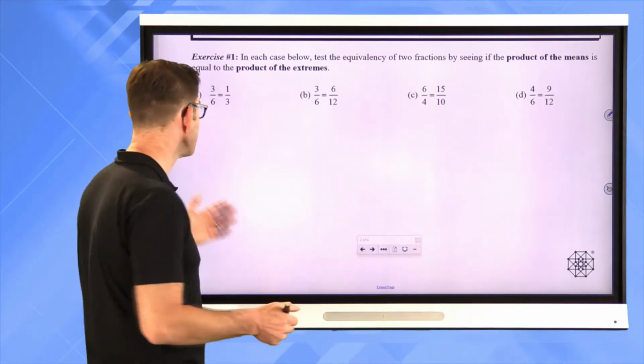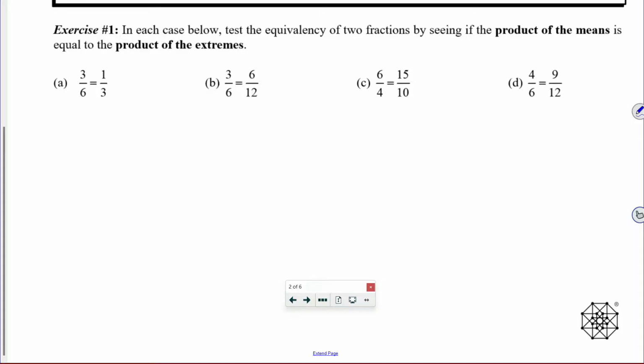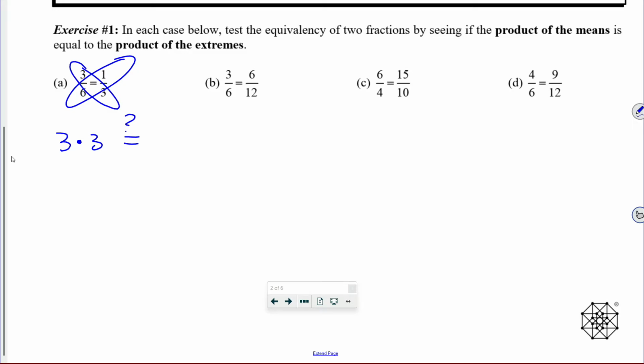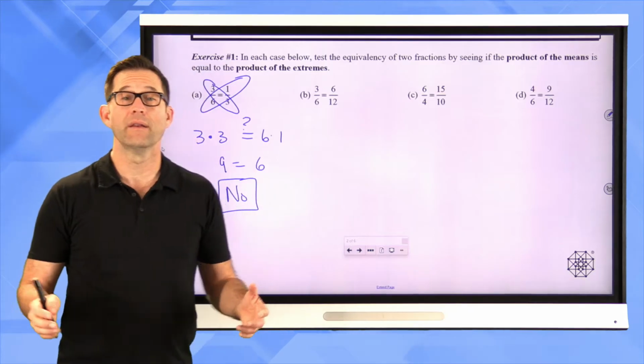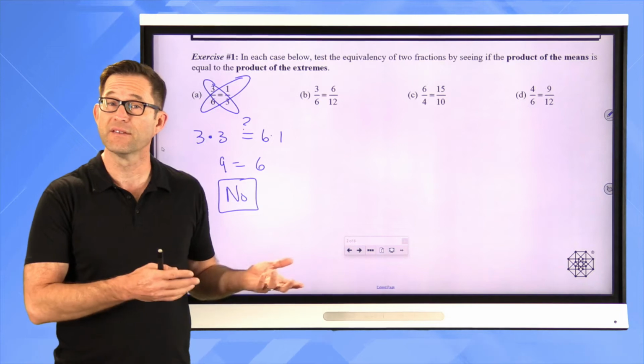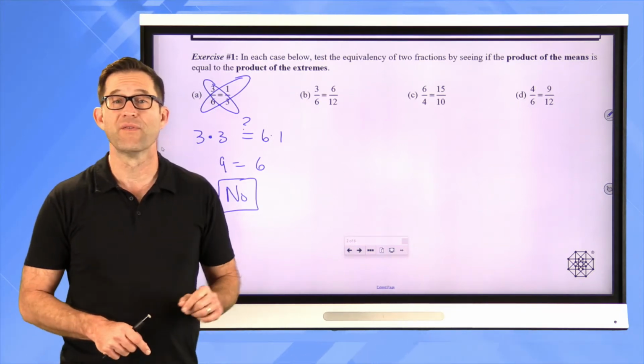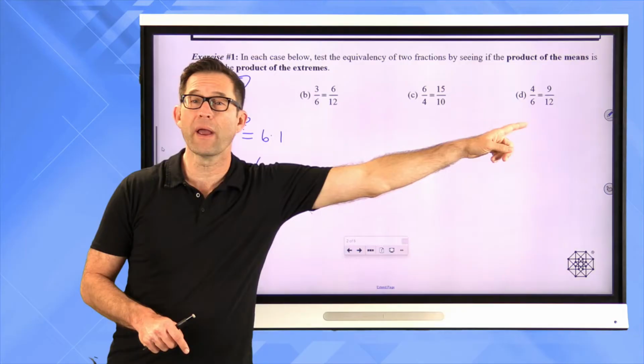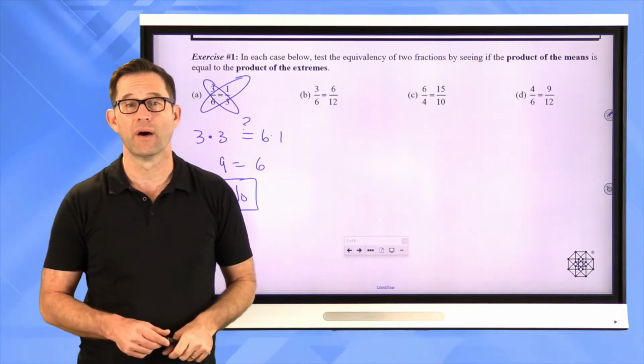Now the cross product test says, if I'm trying to figure out whether or not 3/6 is the same as 1/3, I'm going to do these cross products and see whether 3 times 3 is equal to 6 times 1. 3 times 3 is 9, 6 times 1 is 6, so the answer there is no. If that cross product was equal, then the two fractions would be equal. In this case, it isn't. Why don't you pause the video now and see which pairs of these fractions are equal and which are not.